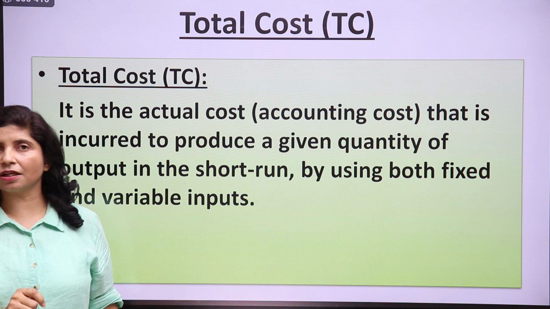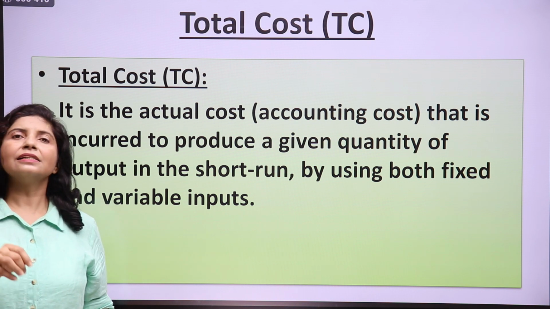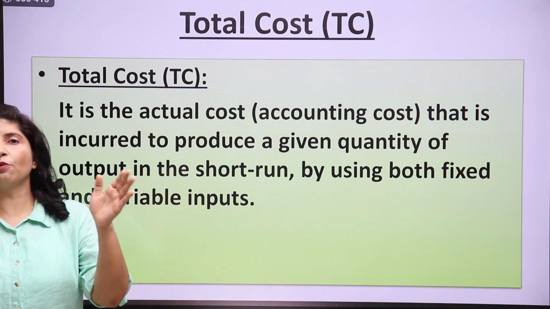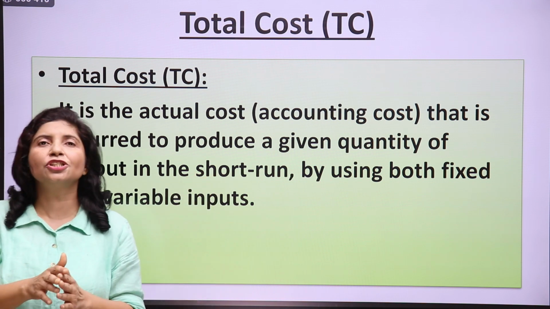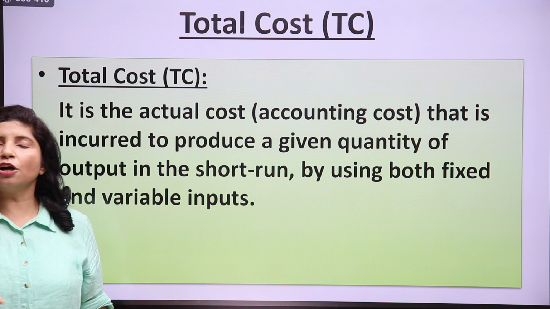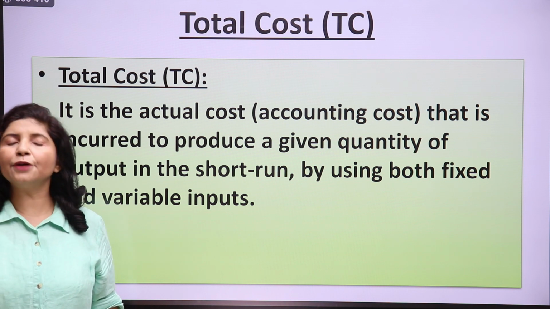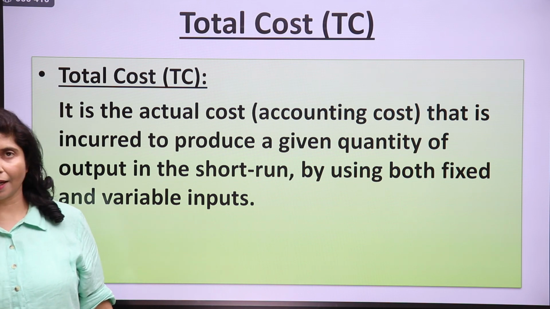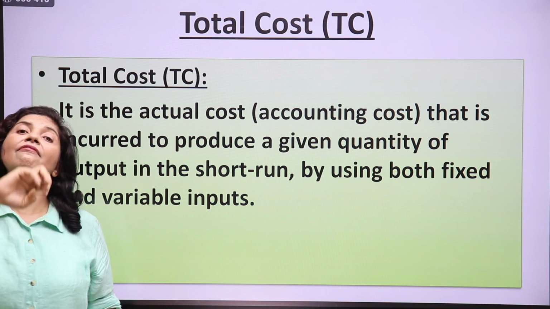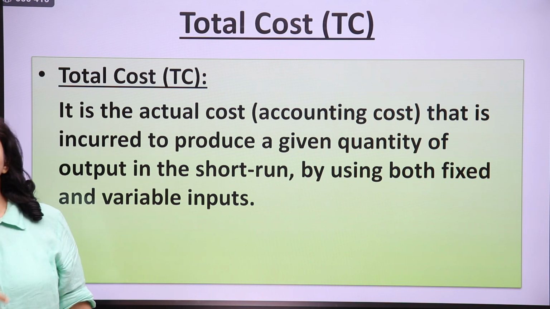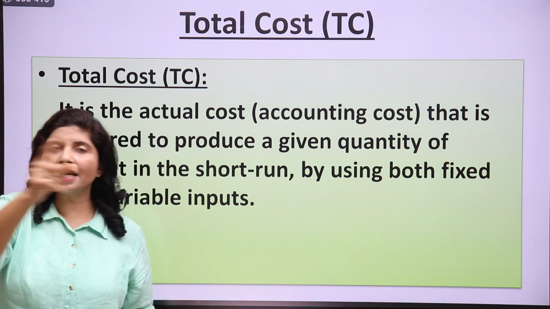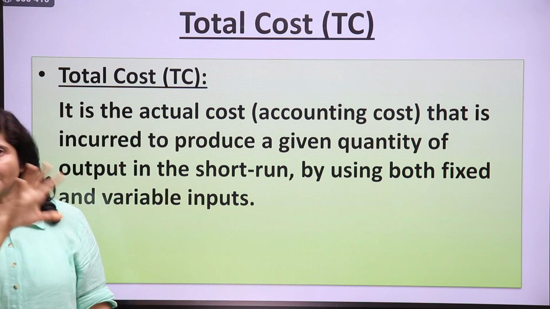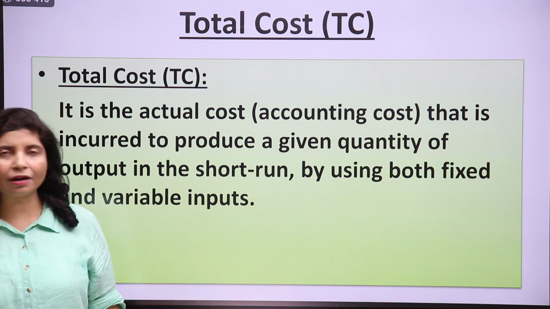And implicit costs are the costs which are just like hidden cost. If you are using your own house for your own business, that is implicit cost, because you are not paying money directly to anyone as rent for that building, and that building could have earned rent somewhere. So you are losing that amount and you are using that for your own business. So here costs are not clear for that building. Okay, rent is not clear over here.